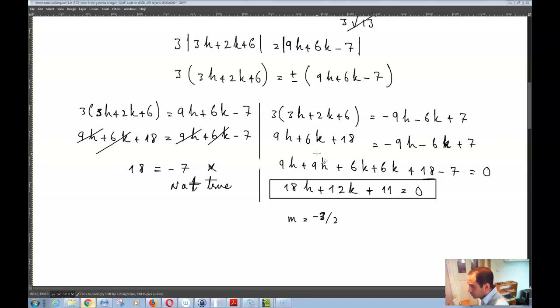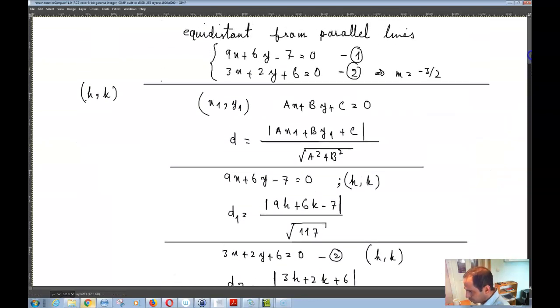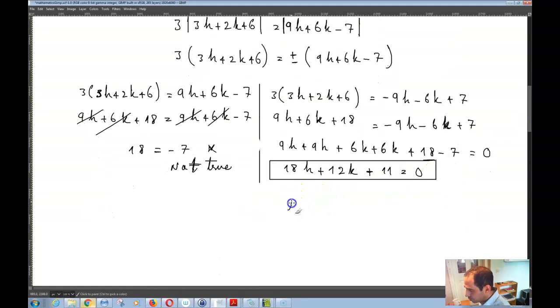Okay, so now if you paid attention to the process that we went through to get this relationship between h and k, basically what we did was that we said that there is some point over here, with the coordinates h comma k, and this point was equidistant from both of these lines.